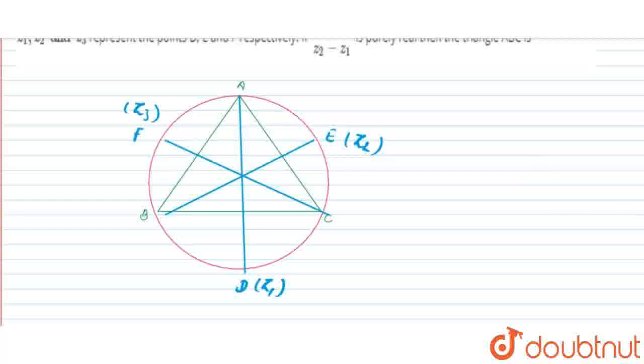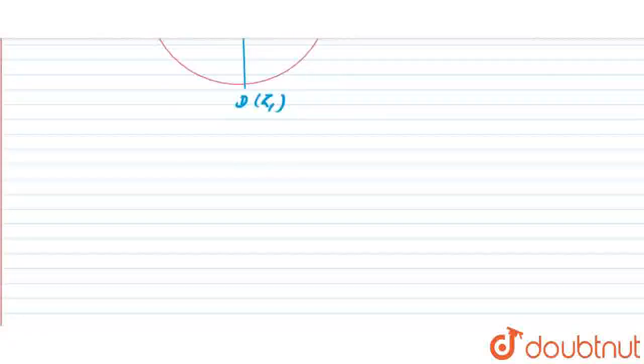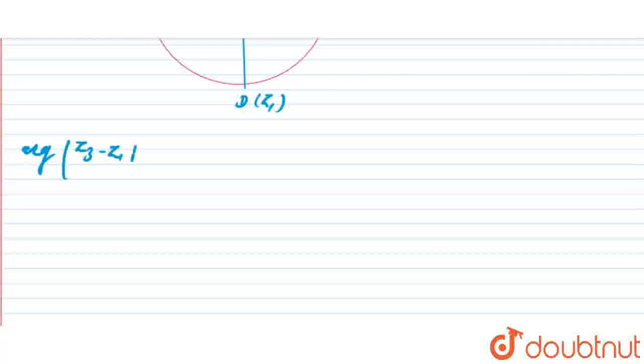In the question it is given that the argument of Z3 minus Z1 divided by Z2 minus Z1 is real.